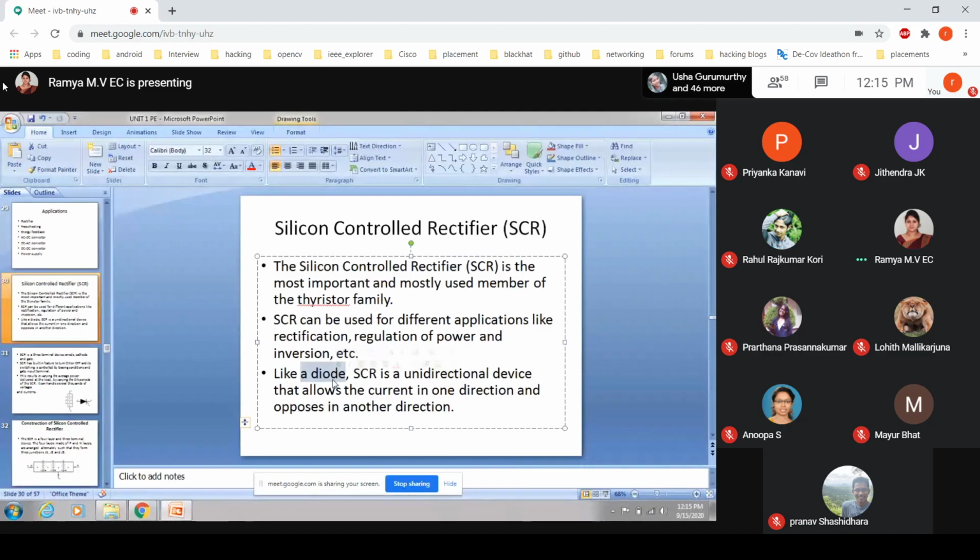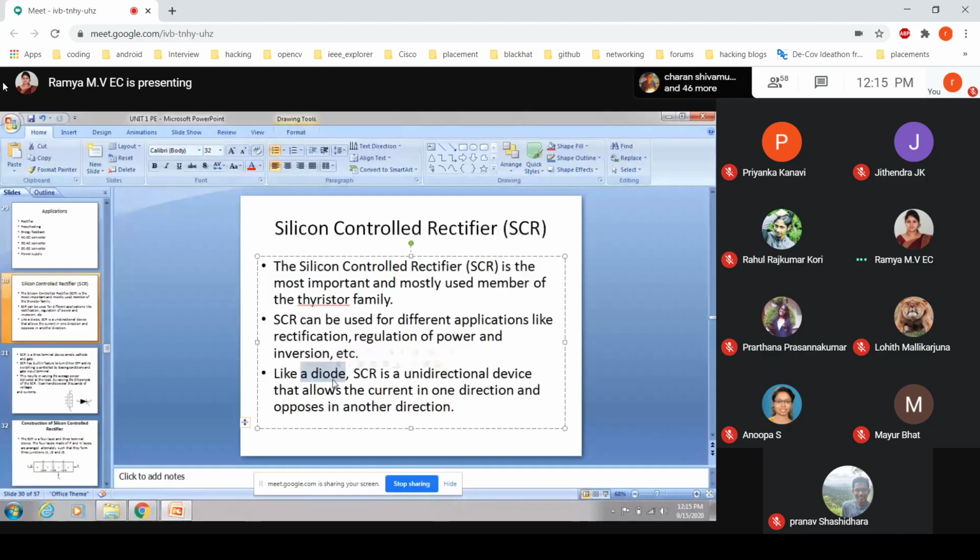Okay, so I don't have any control over my diode there. When I apply some voltage, it will give the knee voltage. When I give my input voltage, some knee voltage will be present. That will be at 0.7 only. I'm not having any control over there, right? So it is called an uncontrolled device.